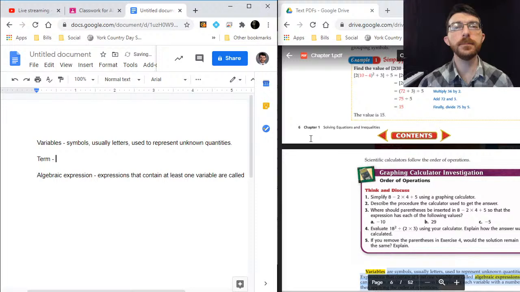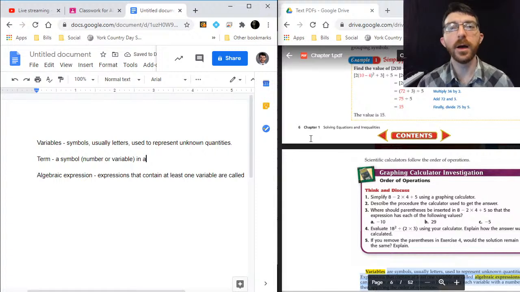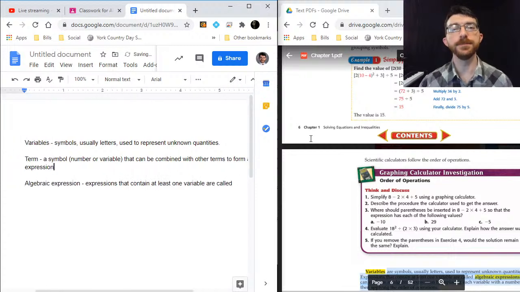Okay, let's see here. Term: a symbol, number, or variable. Let's see. Oh, well, there we go. In an expression, that can be combined with other terms to form an expression.